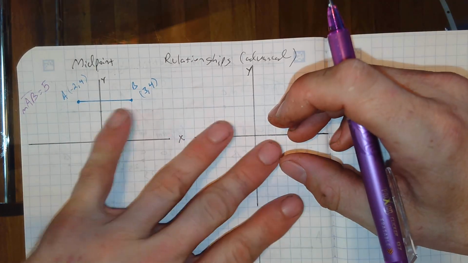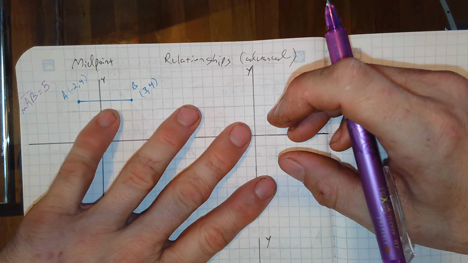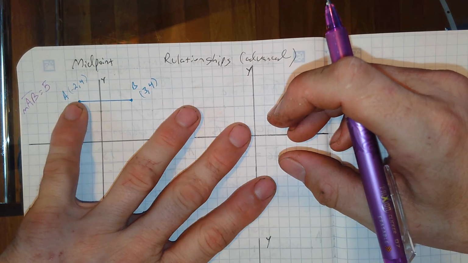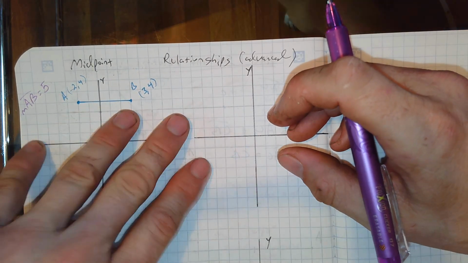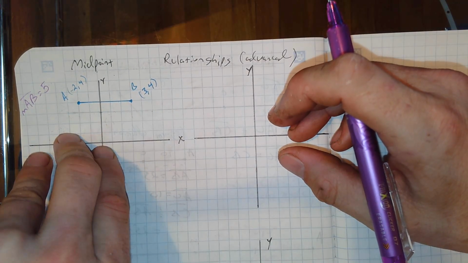So what is the coordinate point for the midpoint? Well, remember that the midpoint is going to be halfway in between A and B, right? So whatever 5 divided by 2 is.